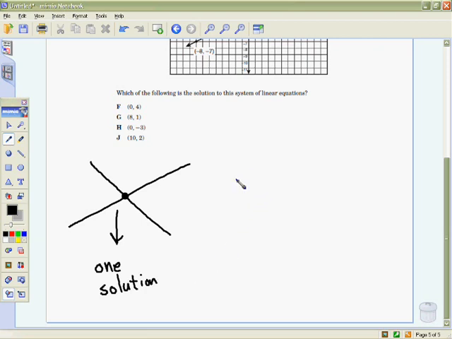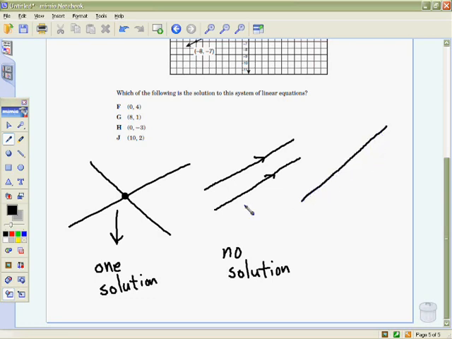However, when you're dealing with lines, they may not always intersect. You may have lines that are parallel. And if the lines are parallel, they will never intersect, meaning there will be no solution. And one final case, you may have a line just like that, and you may have another line that simplifies in some way to basically become the same line.